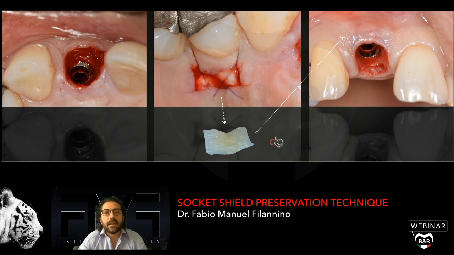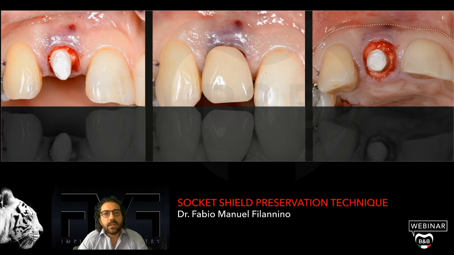And also I needed a small quantity of tissue. So I took the CTG and I opened a partial thickness flap buccally, and I inserted the CTG using only fibrin glue and no sutures.